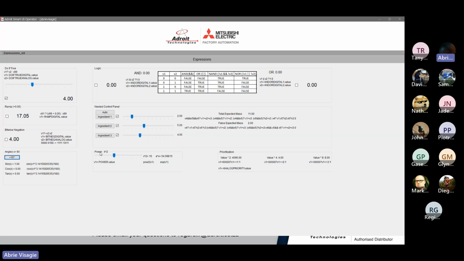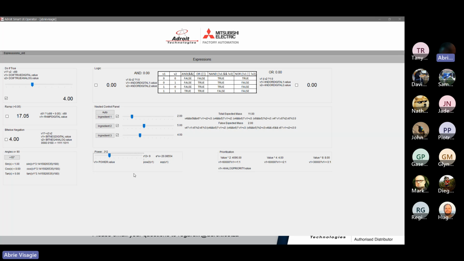Next up, power and exponential expressions. For this, we are reading from these two expressions over here. Adroit also accounts for power 3, which is x raised to the power of 3, as well as the exponential value over here using Euler's number and raising it to a power of x, which in this case comes from variable 1.